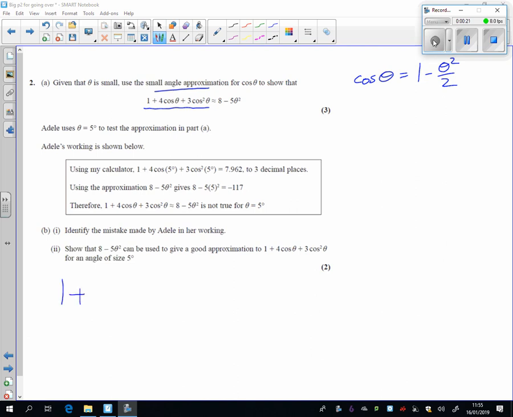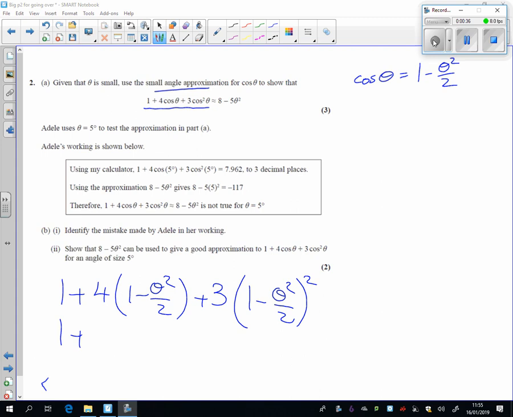So we've got 1 plus 4 lots of cos theta, which we've just said is this, plus 3 lots of cos theta all squared. So working this out, I've got 1 plus 4 minus 4 times theta squared over 2 gives me this. And right, we're going to take this bit a little bit more carefully.